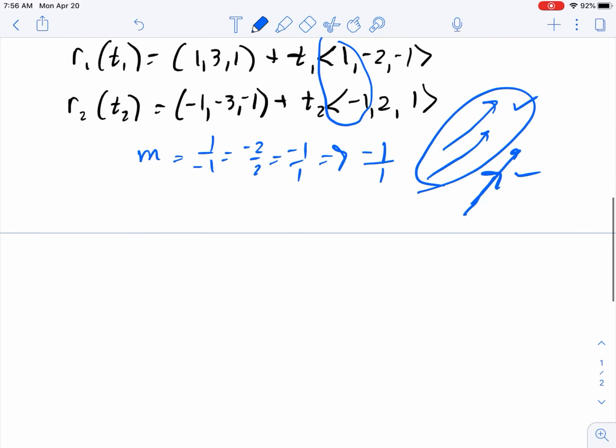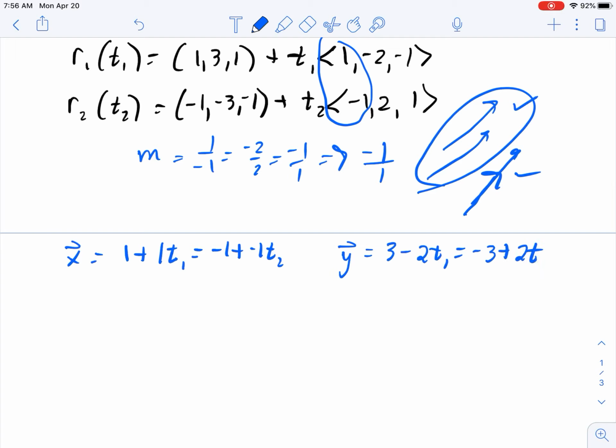All right, so let's break it down into our two components. My first component would be 1 plus 1t1, and that would be equal to -1 plus -1t2. My y component would be 3 minus 2t1 and -3 plus 2t2. Again, if they do intersect, I'll use the z components to check.